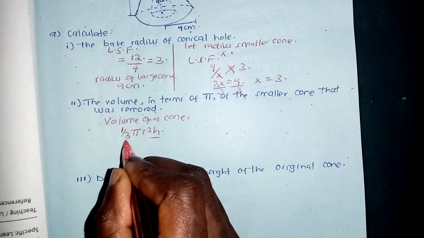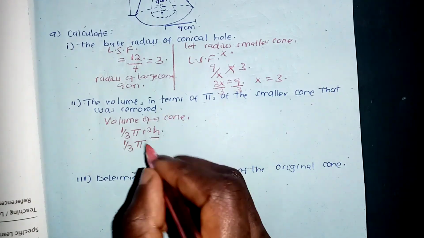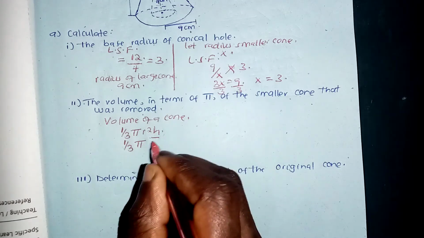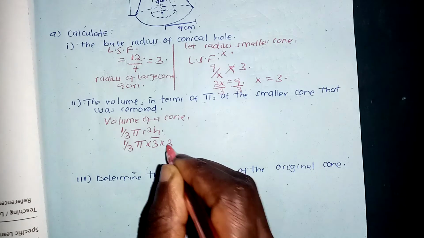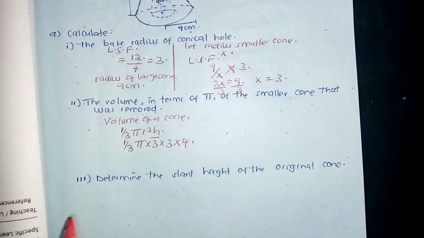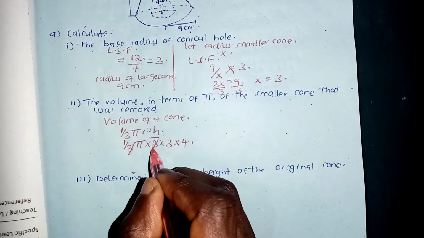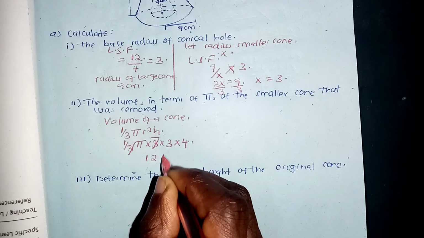So we have a third pi, our radius is 3, so multiply by 3 squared, then times the height, which is 4. So the 3 can cancel with this one. We have 12 pi.